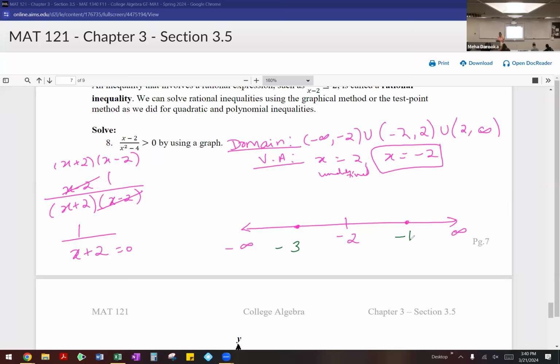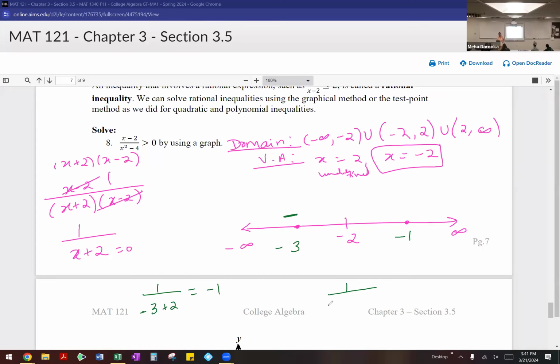Alrighty, so let's check these. If we did 1 over -3 plus 2, what will that give us? Over -1, which comes out to be -1, so this will be negative here.